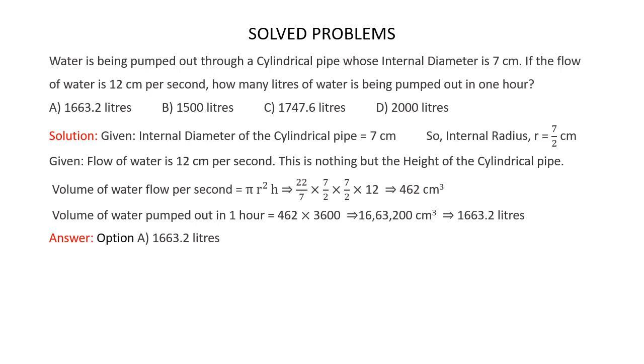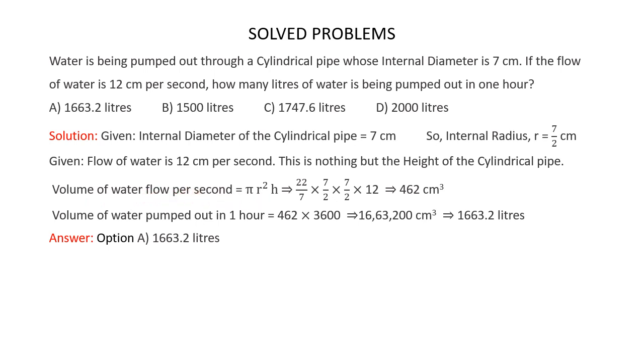Now volume of the cylindrical pipe is nothing but the volume of water flow per second in the pipe. Now we know that volume of a cylinder is equal to pi r squared h. So volume of water flow per second is equal to pi r squared h.